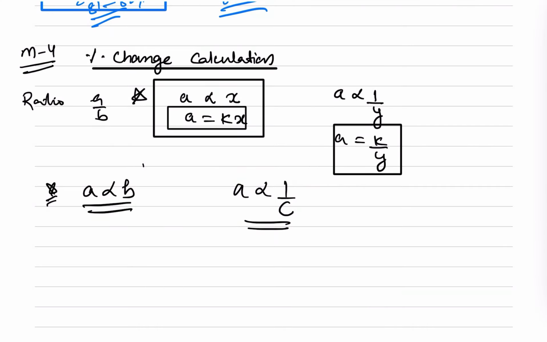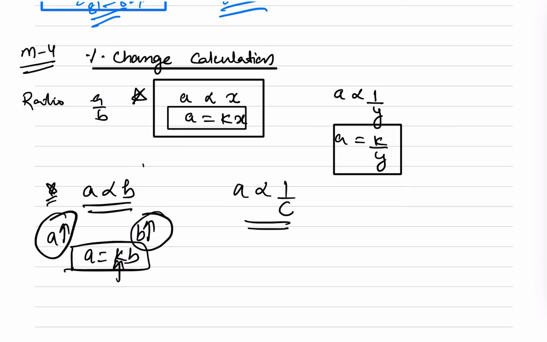So A directly proportional means if A is increasing, B will also increase. How they will increase, that I don't know, so I'll consider it as KB, where K is the constant which tells at what rate it will increase. Are you understanding? I'm saying that A will increase, I'm saying B will increase. But at what rate both will be increasing will be defined by this constant K.